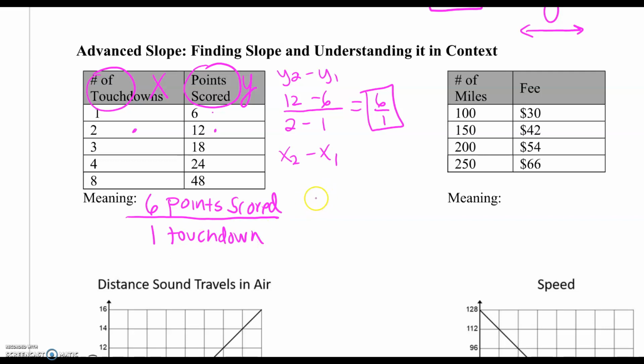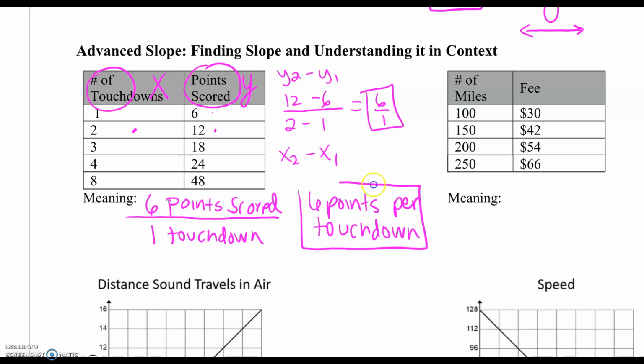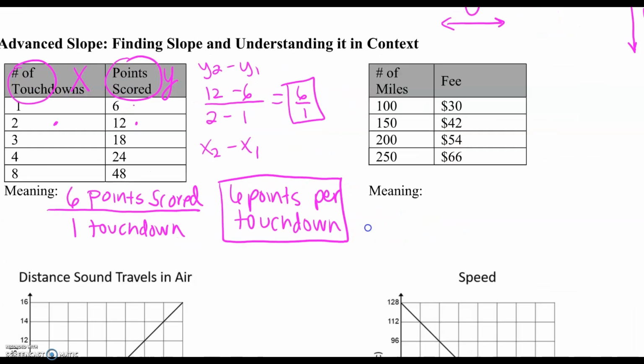So in a sentence, 6 points per touchdown. I didn't say per 1 touchdown because it was implied when I just said touchdown. And I didn't say touchdowns. Okay, so we just translated to the meaning. And of course, it's best to reduce it to a unit rate.